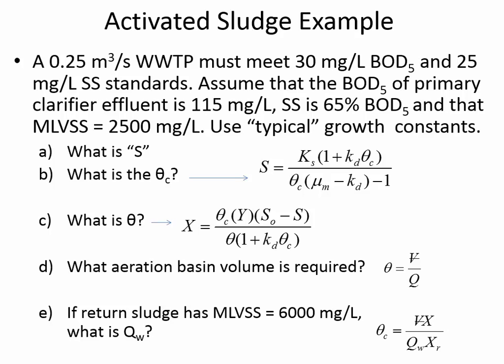We have 60 milligrams per liter for the K sub S. Then we'll have 1 plus 0.6. And that 0.6 is unitless just because it's a yield. It's mass per mass. So it's a fraction. Times theta sub C, which is unknown at this point.